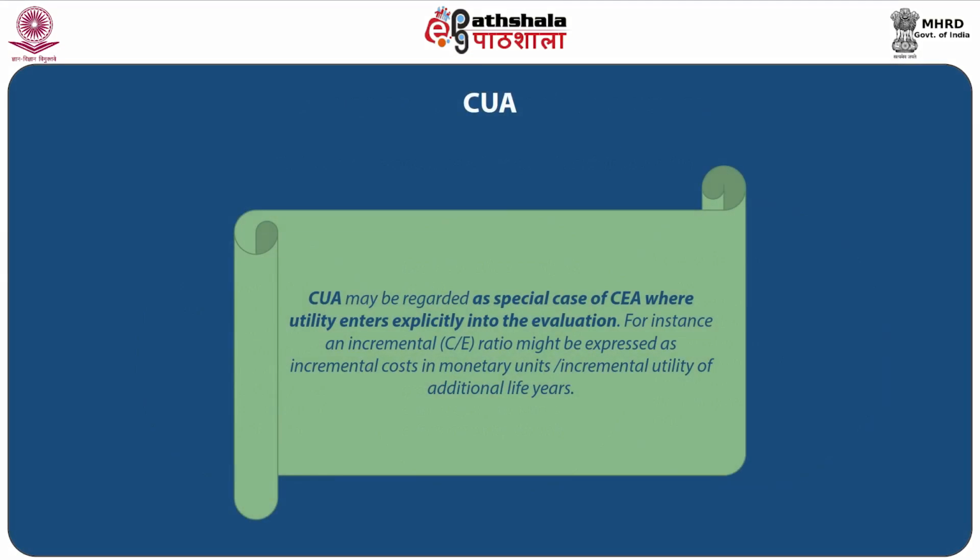Cost utility analysis may be regarded as a special case of cost effectiveness analysis, where utility enters explicitly into the evaluation process. For instance, an incremental cost effectiveness ratio might be expressed as incremental cost in monetary units over incremental utility of additional life years.